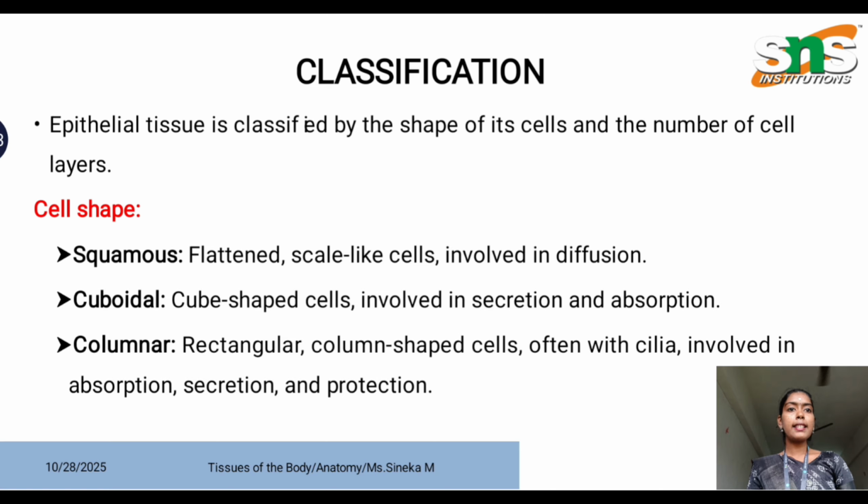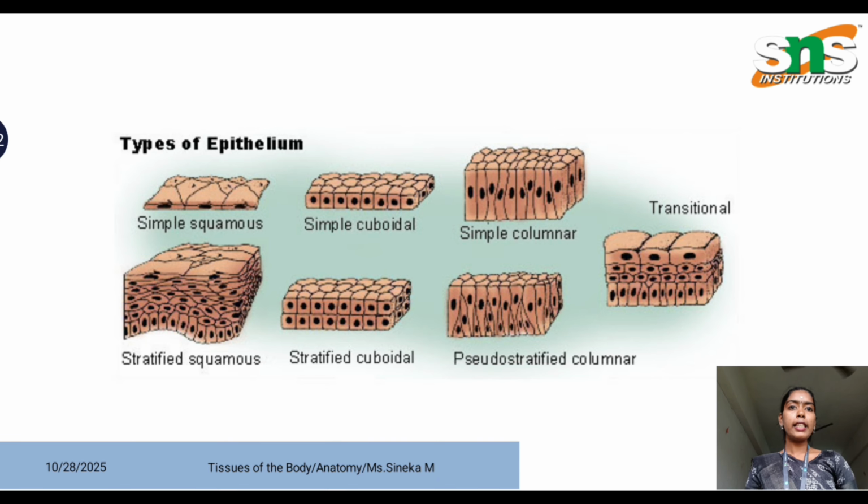It is involved in secretion and absorption in our body. The third one is columnar. If the cell shape is column shaped or rectangular, often with cilia, it is also involved in absorption, secretion and also helps for protection. These are all the three types based on cell shape. Here is the image of different types of epithelial tissue.